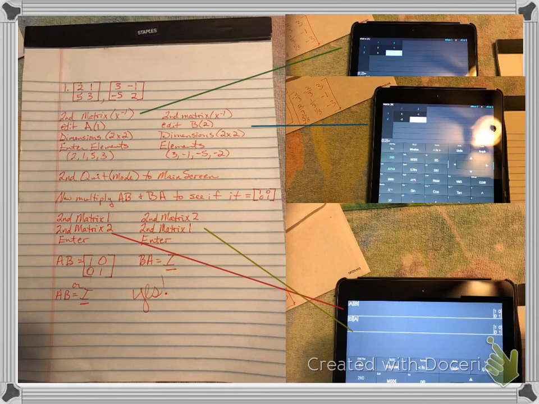Then I followed the same thing, did my dimensions 2x2 and my elements for the matrix B. Go quit and go back to the main screen. Multiply A times B and B times A to see if you get the identity matrix. You can see down here in the third picture that we did get the identity matrix in both multiplications from both products. So yes, these 2 matrices are inverses.